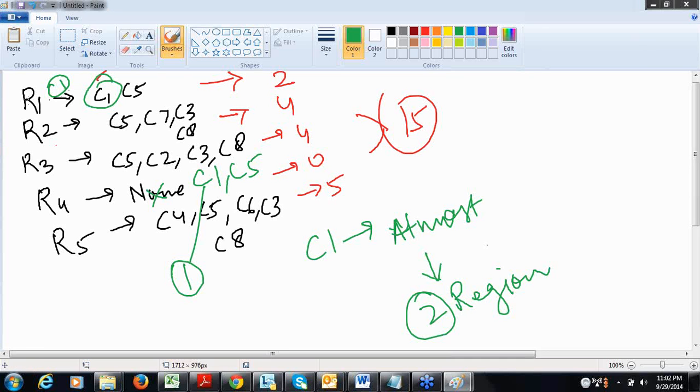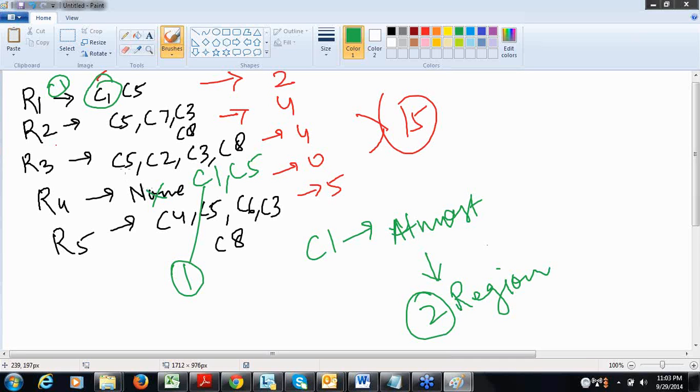Okay. See, we have the same conditions. R1 has the same conditions, but in R4 there is no condition that none of the companies has to be there. C1 and C5, if they are in region 1, they can be in region R4 also, as there is no condition, as was applied in question number 13, that there should be a region without any seller.